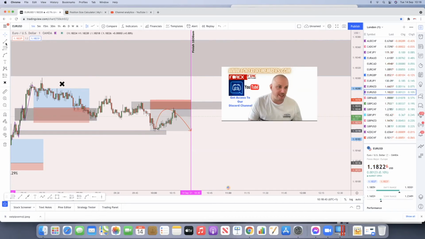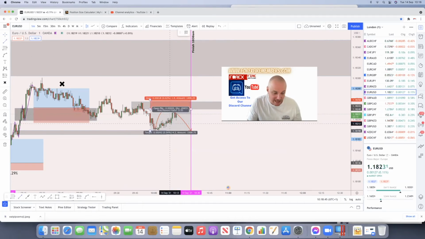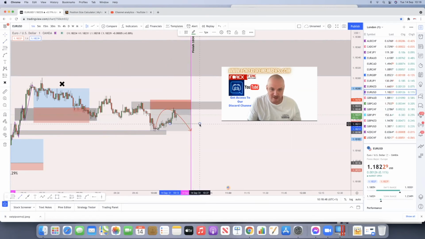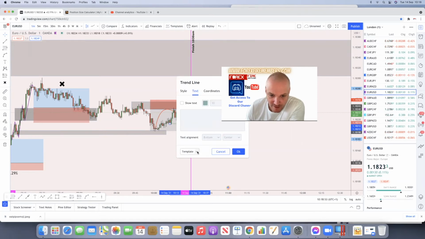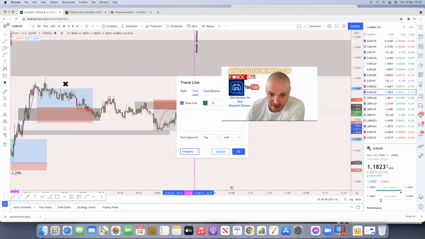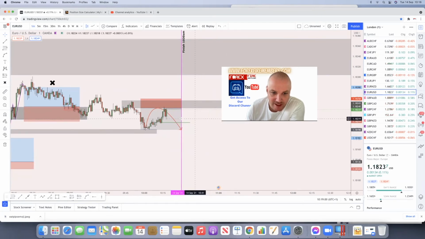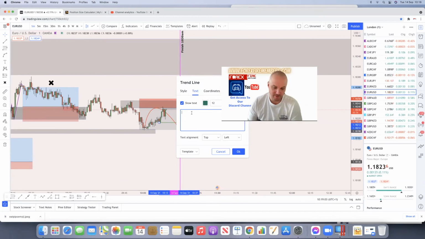What I'm going to do is create an area where we're going to start technically going into what I was speaking about yesterday, which is take a 50% partial and move to BE, okay?